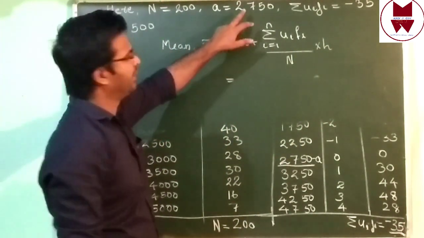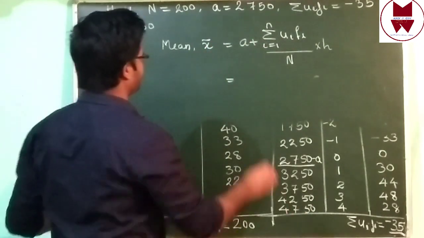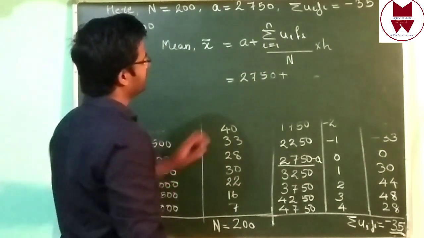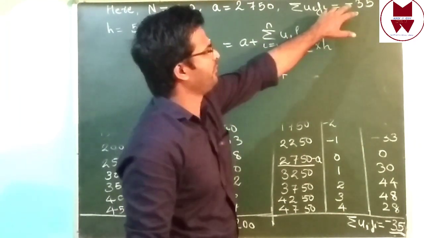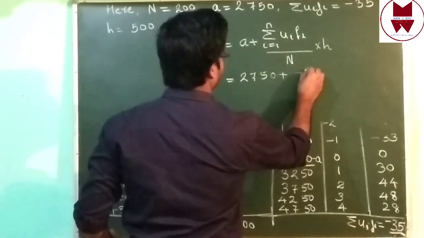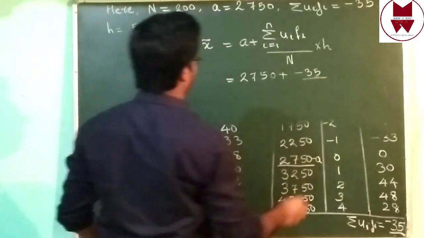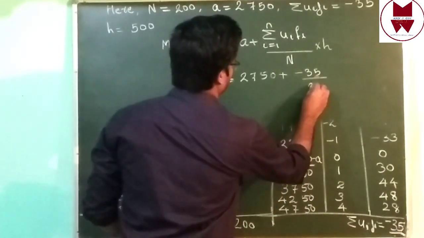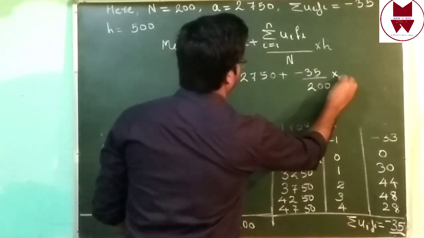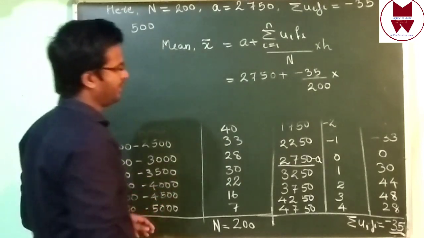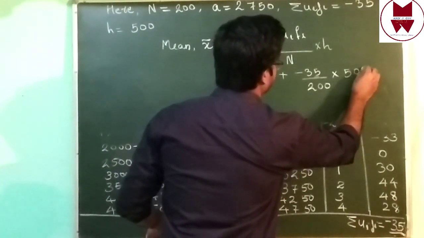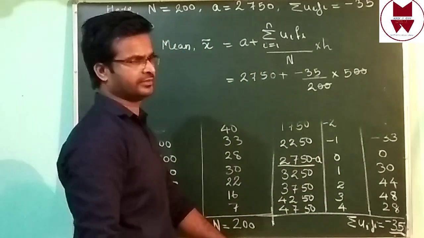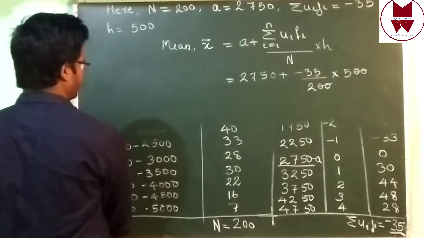A means 2750 plus sum of ui fi, already we got it, minus 35, divided by n. N means 200, the total number of families, into h, which is 500. Now this 200, this 500, zeros just cut it. Then the remaining part we can do.